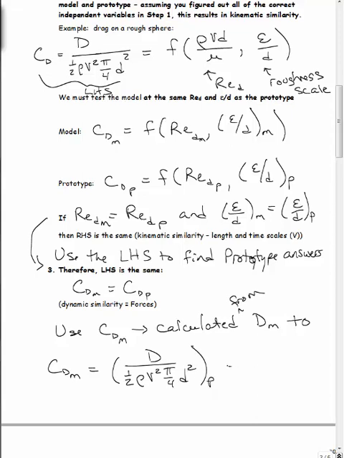And then solve for drag of your prototype. That's what you're trying to find, prototype drag.